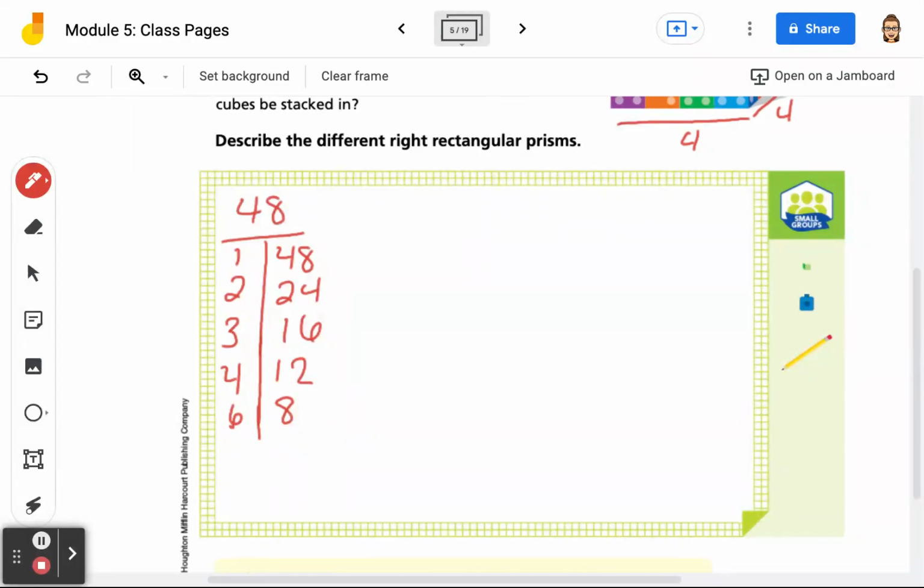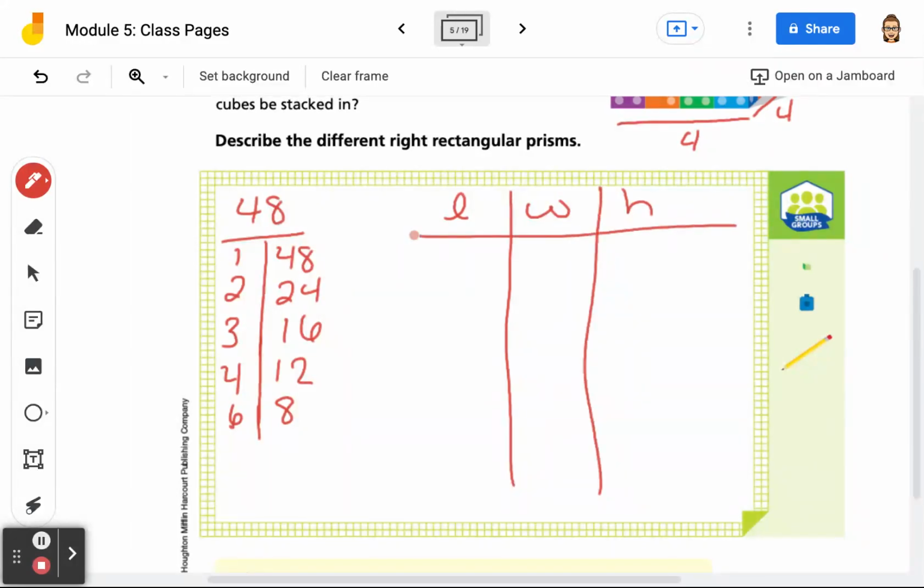So that we can kind of use these to help us figure out what we can do. So then I'm going to make kind of a table here. So we're going to have our length, we're going to have our width, we're going to have our height. And I'm going to start with my 48, which would mean my length and my height have to be 1.